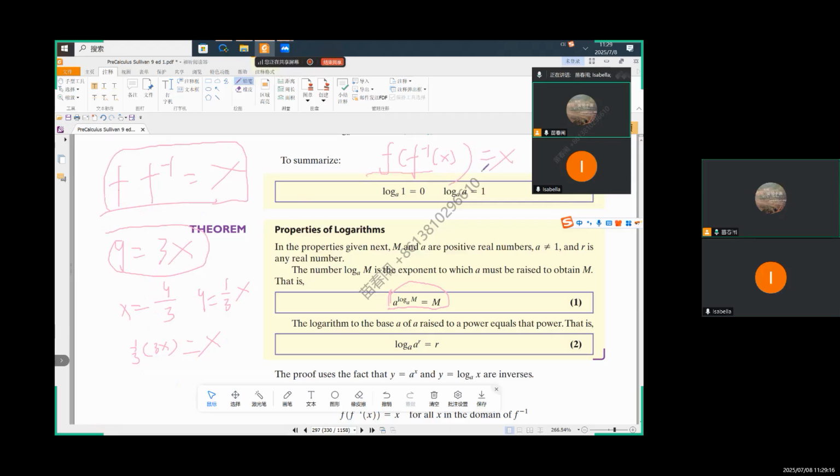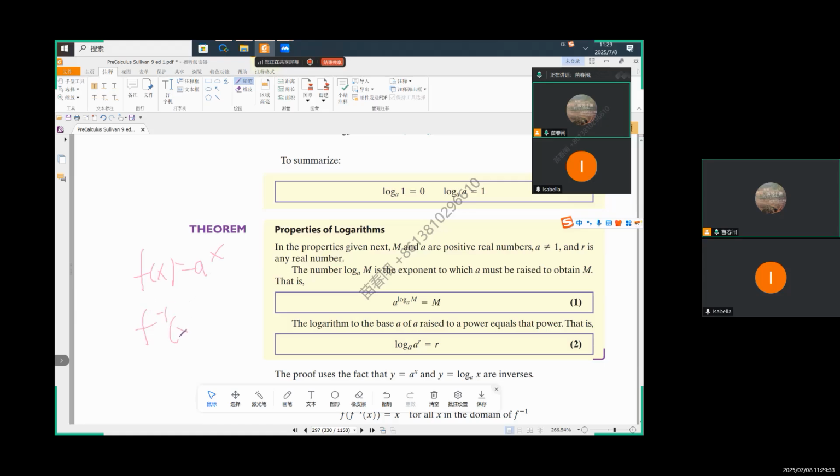Does that make sense? If you remember this, and I don't have to prove that, then I can just say, let's say f(x) equals a to the x power, and f negative 1 of x would be just log base a of x, right?